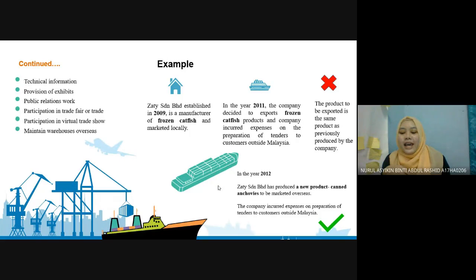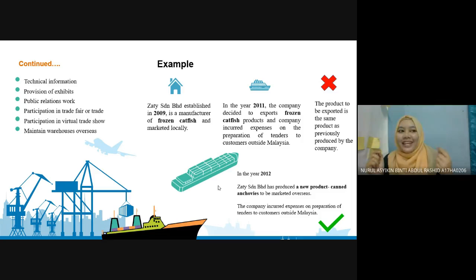As we know, for the qualifying expenditure for the tender for the supply of goods, we must make sure that the product is not the same product. So in the year 2012, Zati Sendirian Berhad produced a new product, cane anchovies, to be marketed overseas.